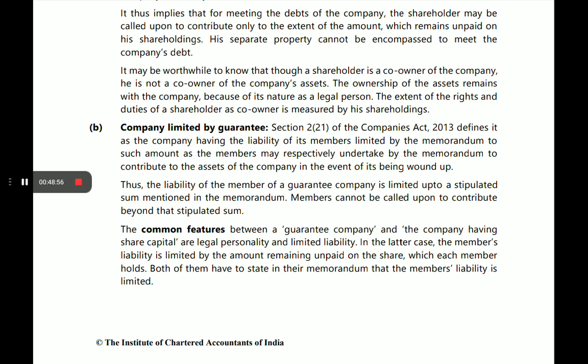Thus, the liability of the member of a guarantee company is limited up to the stipulated sum mentioned in the memorandum. Members cannot be called upon to contribute beyond that stipulated sum.